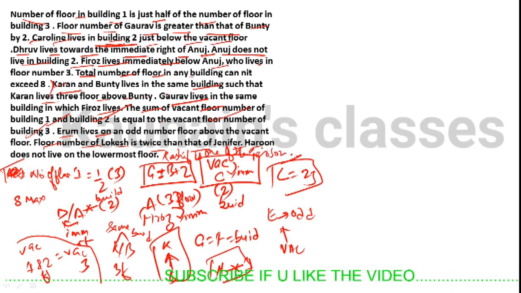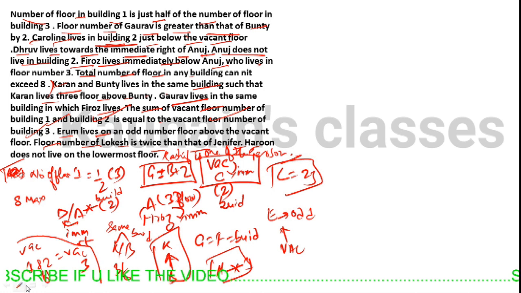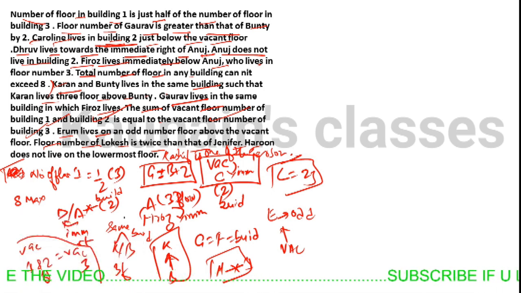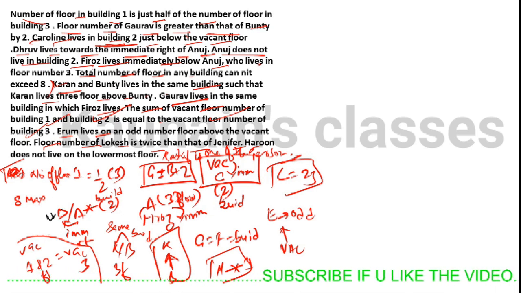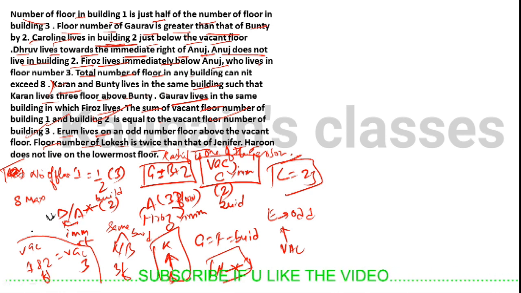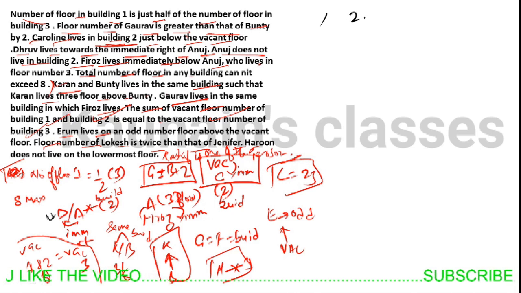So what's the best line to start this puzzle? Let me change the color of ink. The best line to start the puzzle is here: D lives immediately right of A, and A is not living in building number 2. So there will be 3 buildings, 1, 2 and 3.